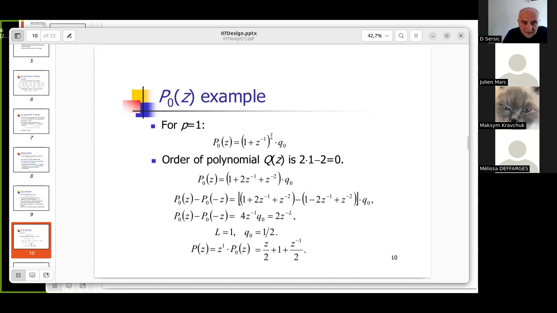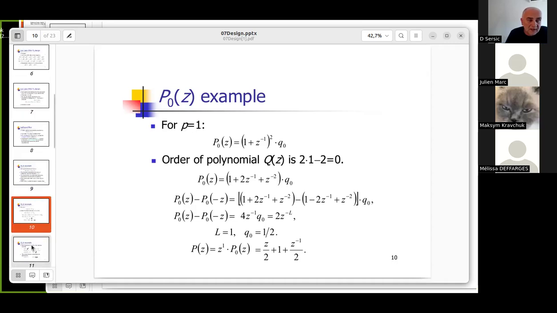So maybe I can just put 1 plus z to the minus 1 on the left-hand side, and the same polynomial on the right-hand side. What happens to 1/2? I can put it anywhere I want. So I can split such a polynomial into two filters.